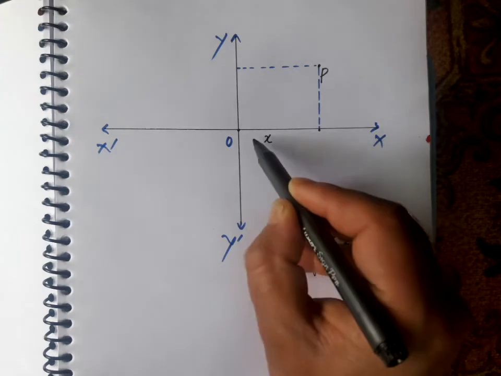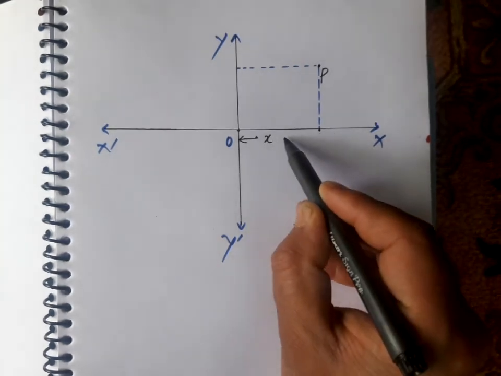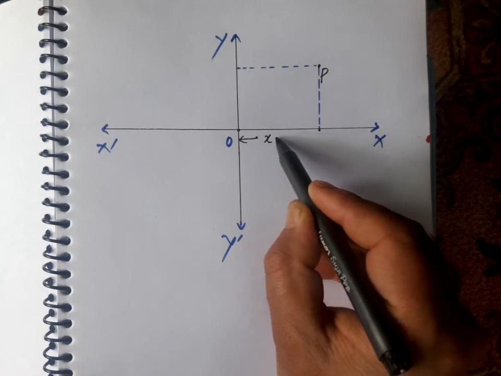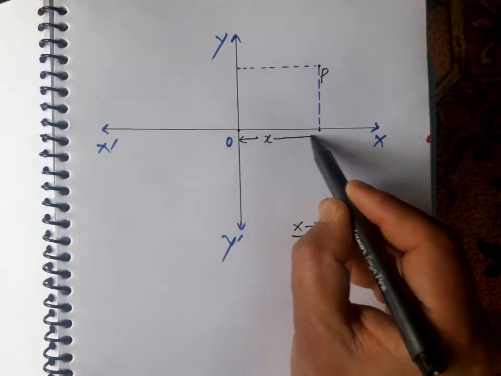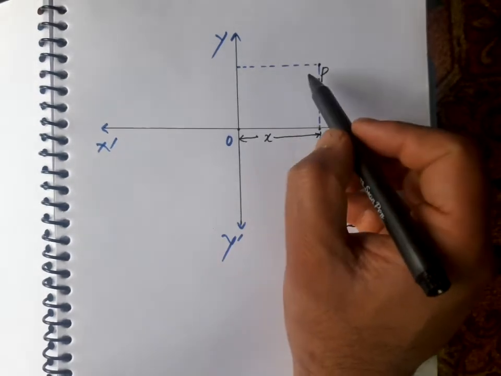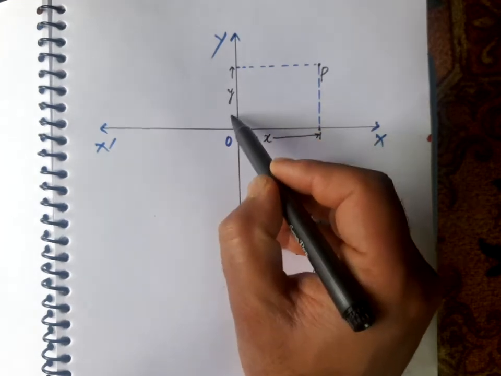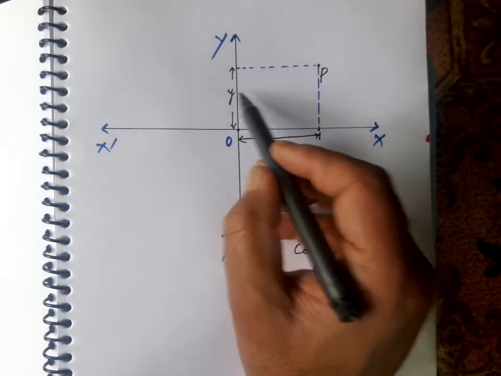So let me write down x is the distance of point P from the y-axis like this, and this is the distance of the point P from the x-axis.